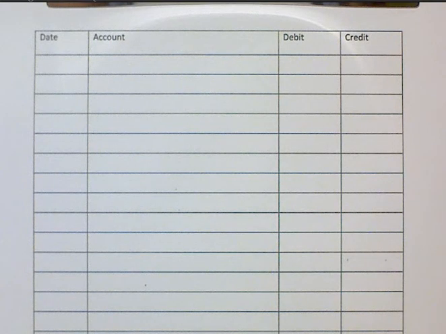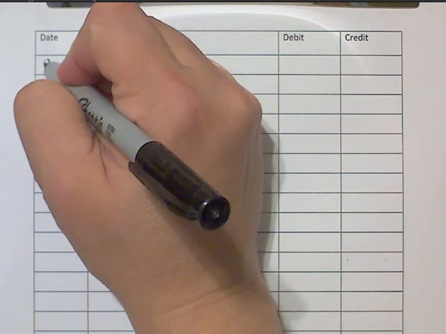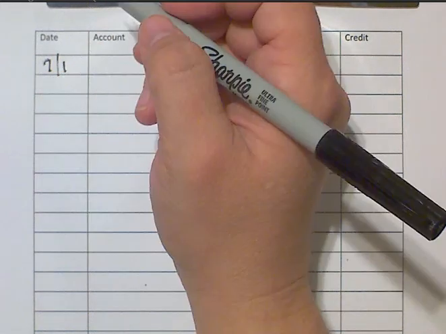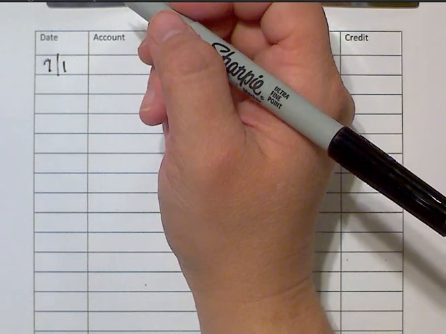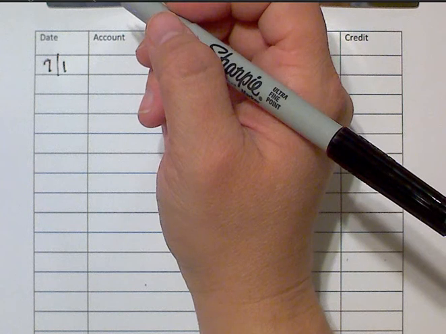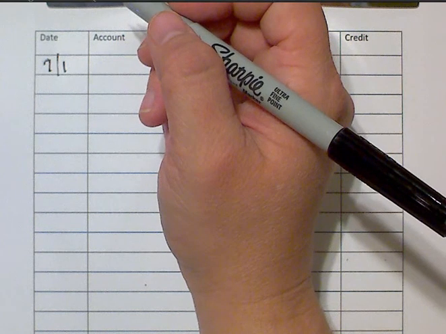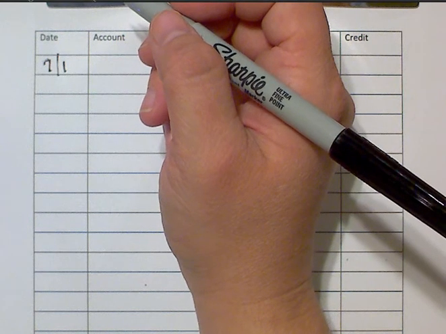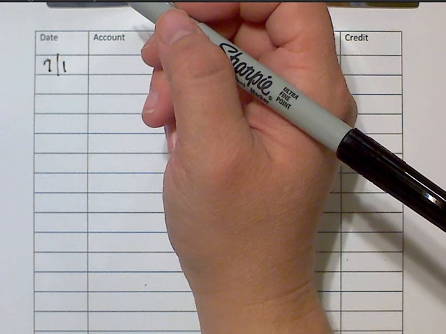Our first transaction happens on July 1st. We sell goods worth $61,000 on account. Okay. So just to clarify, the sale price of the goods is $61,000.